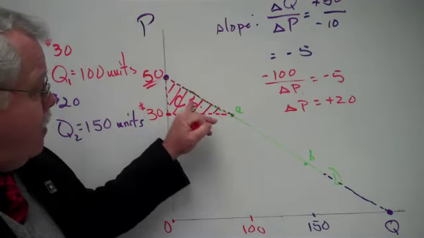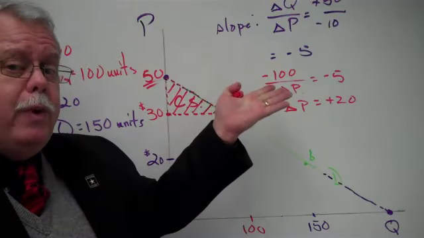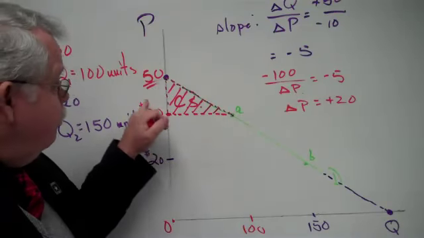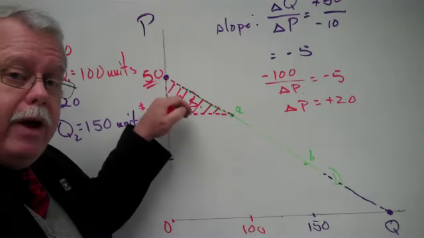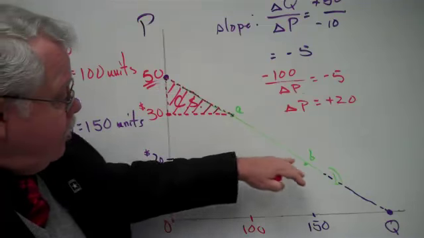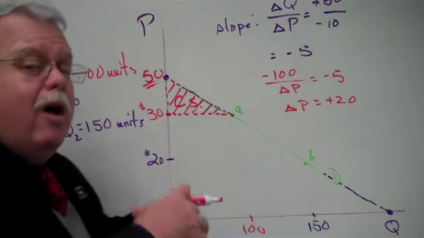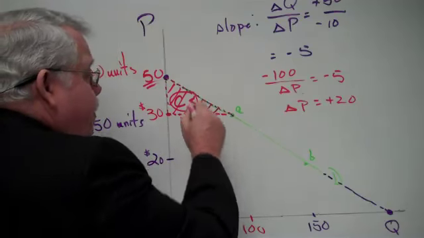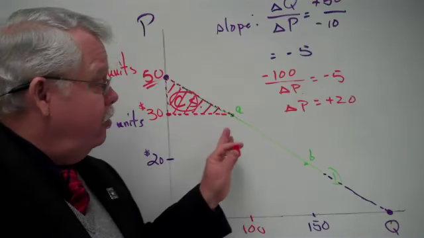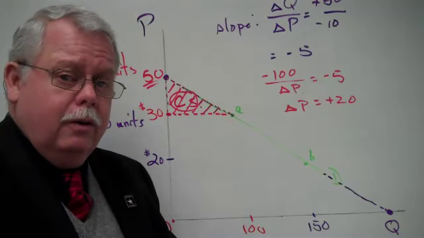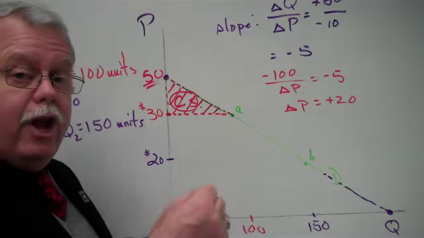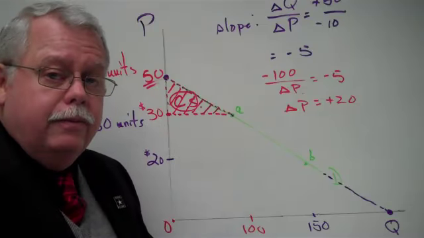It reflects the total amount of money customers were willing to spend, but they didn't have to because they were all charged $30. Some of them were willing to pay a higher price. And based on the slope of the line and the intercept, we get an approximation again of how much money is floating around out there that customers were willing to spend in this business, but they didn't spend because they were all going to pay the same uniform $30 price.